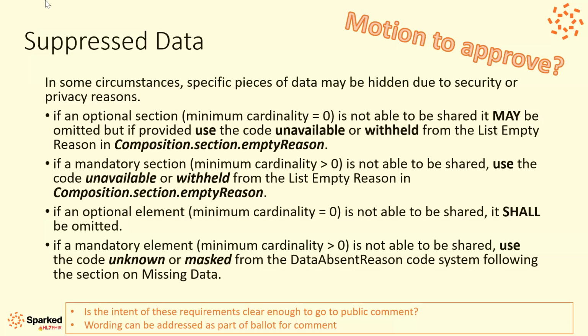Oh, Ruben. Yeah, I'm up for dropping security or privacy because those aren't the only reasons that things might be suppressed. I'm also wondering, if the heading of this whole section is suppressed data, shouldn't we be saying specific pieces of data may be suppressed rather than hidden?